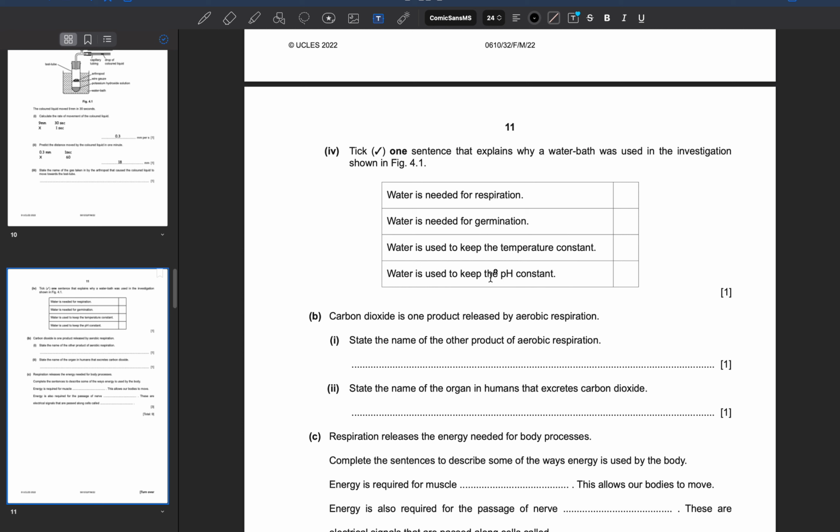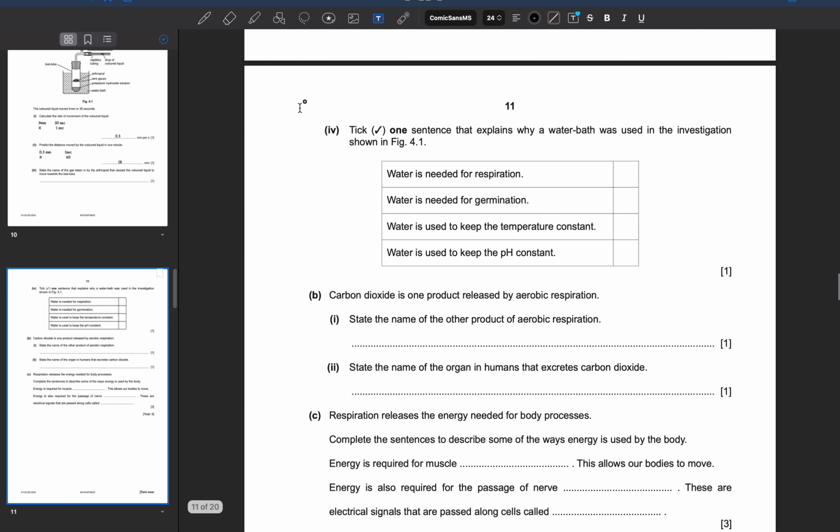If I change the temperature, the rate of respiration will be affected, because it's a process controlled by enzymes. So if I raise or lower the temperature, it will produce different results. So I only have to tick the right one, which is water is used to keep the temperature constant.